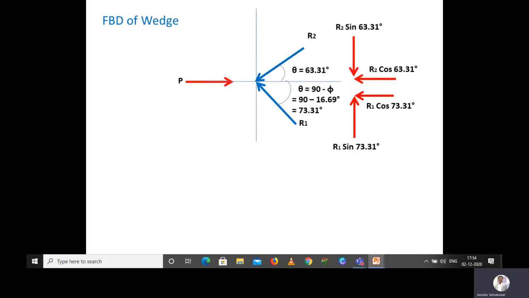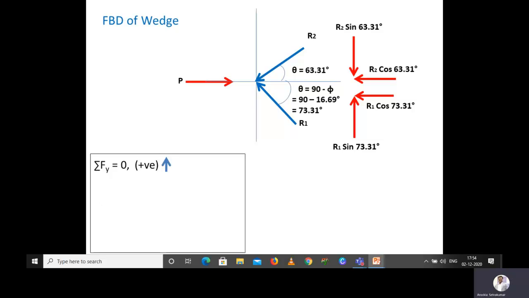Now we are moving to the next equation of equilibrium. Again we are drawing the free body diagram of the wedge. The summation of forces about the y-axis is equal to 0, otherwise vertical is equal to 0. We are assuming that forces acting upward are positive.